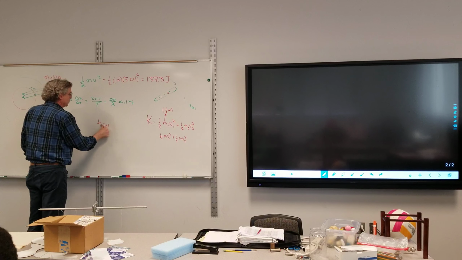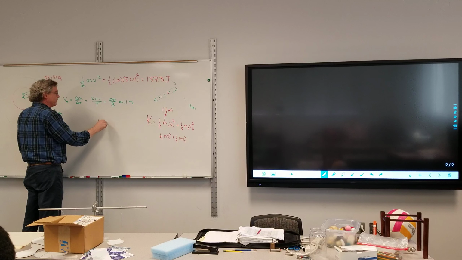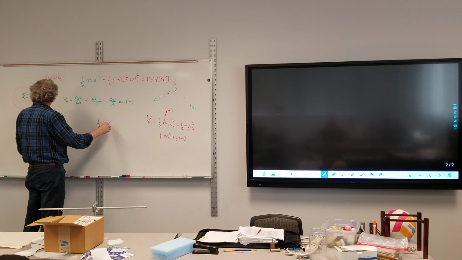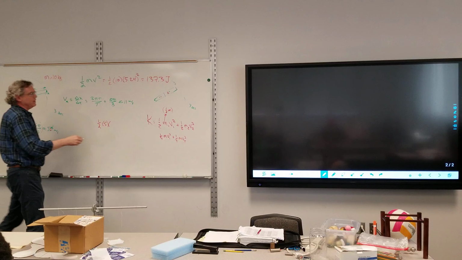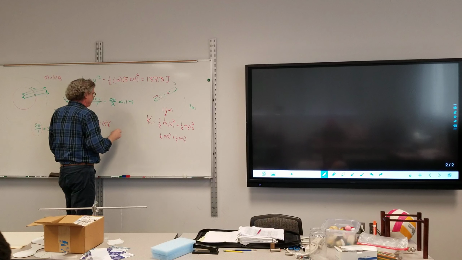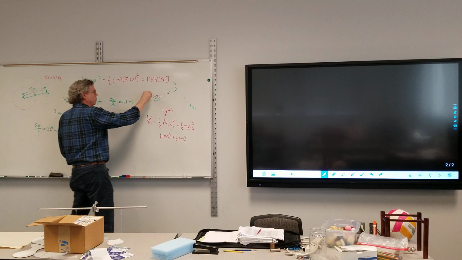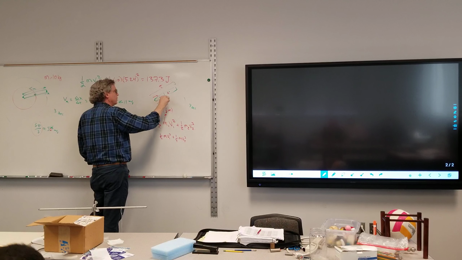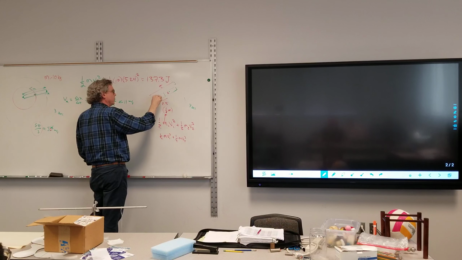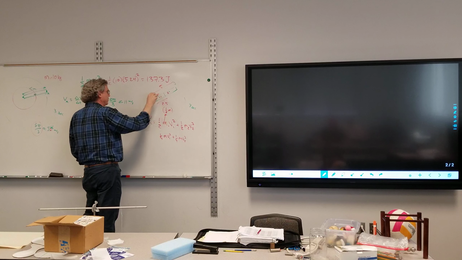Or we could just do it 1/2 times 5 times the speed of this one, so if it's in 2 pieces, that's 2.5, so this becomes, oh wait, no, that's 5. That's 2.5. So that right there would be 1.25.